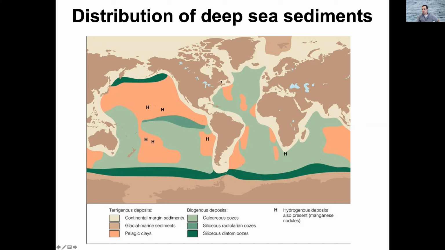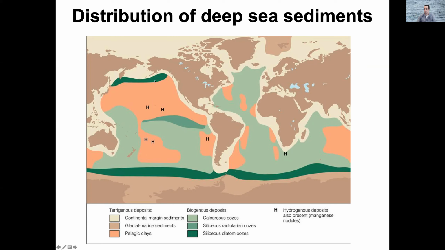And then biogenous deposits. We have calcareous deposits, primarily closer to the tropics, although extending out into the subtropics significantly. And then in the higher latitudes, where, as I said, the calcium carbonate condensation depth is shallower, closer to the surface, that's where you have dominant siliceous oozes.